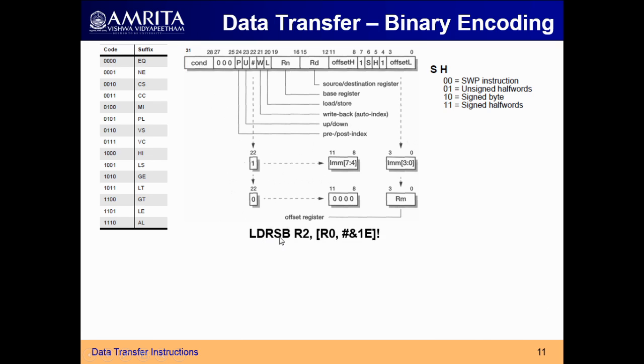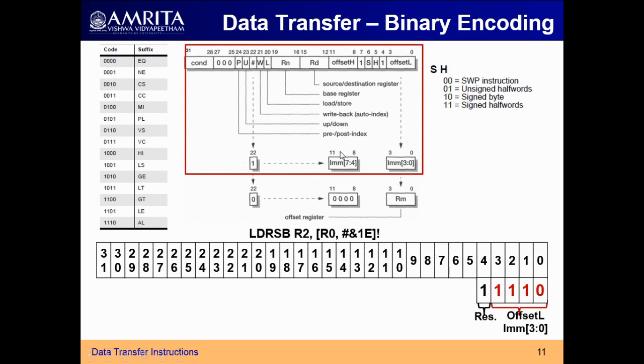Next we will see STR-SB. Previously you have seen STR-H. Now you are using STR-SB. SB stands for signed byte. So again this part will be used. Here the only difference is in bits number 5 and 6, that is the SH type.